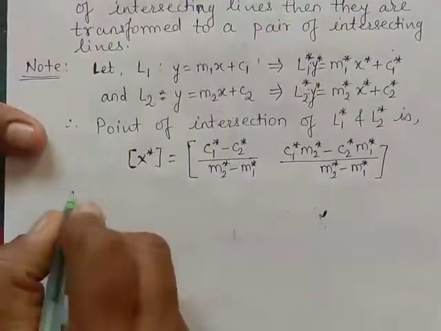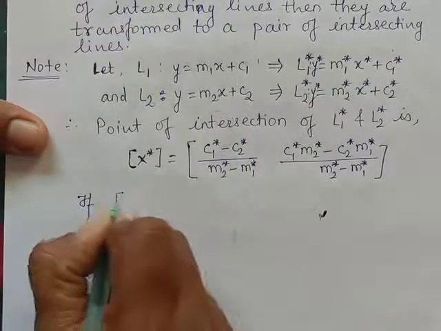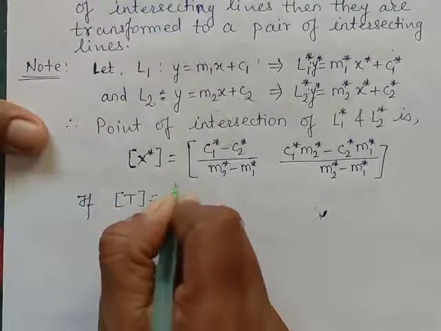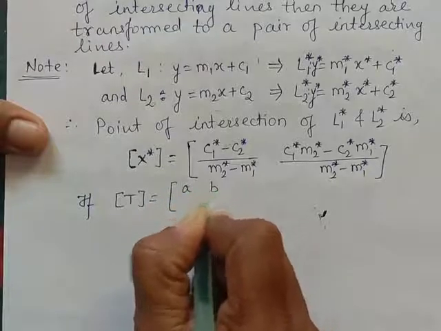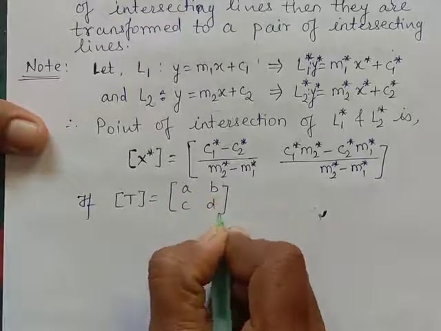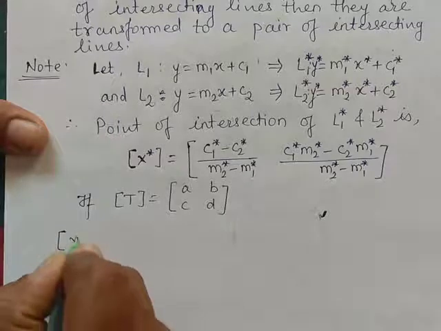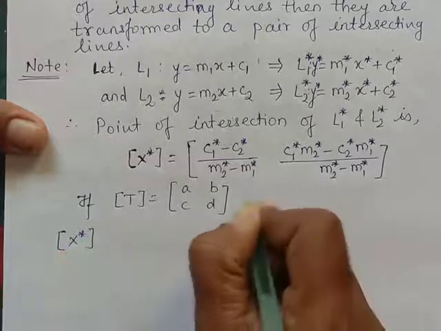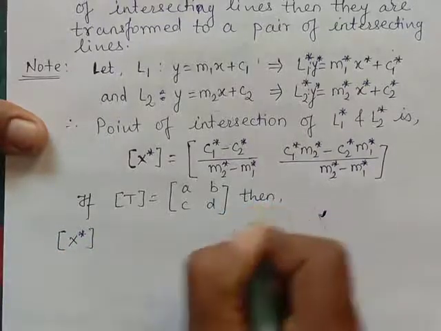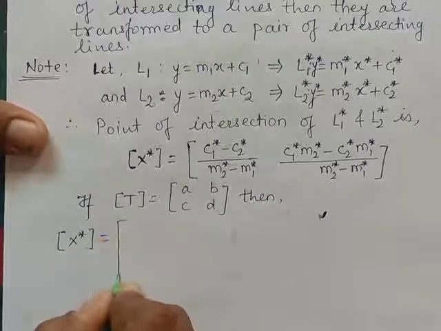Now if T is the matrix ABCD under which this transformation occurs, then this x star can be given as such also.